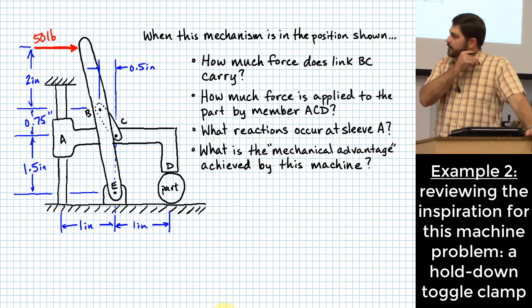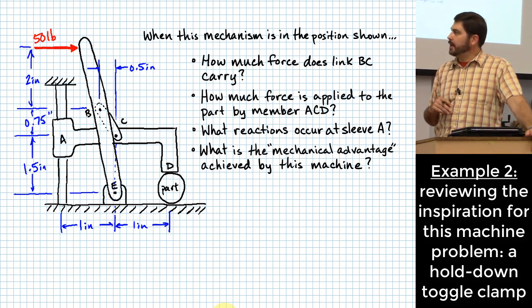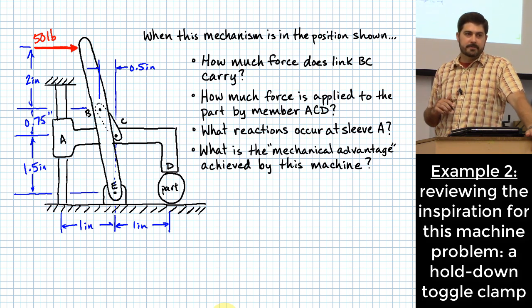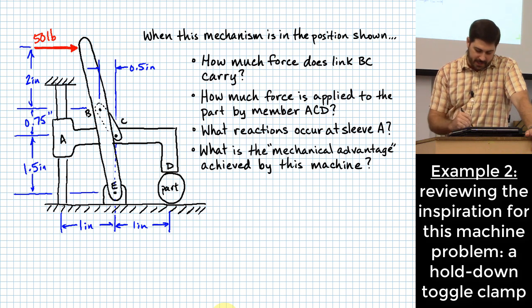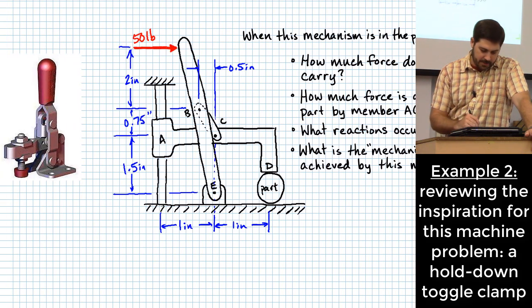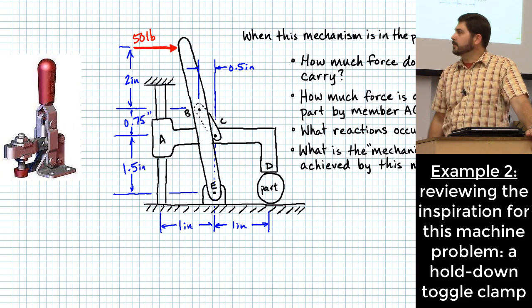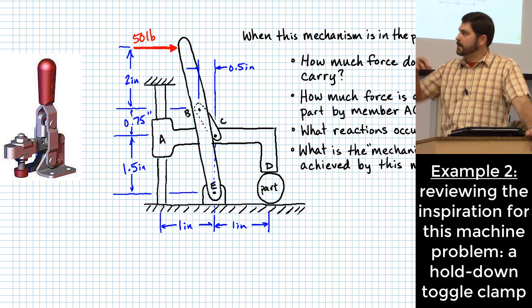But this is actually inspired by a real thing called a hold-down toggle clamp. If you want to see what that kind of looks like, I have a little picture right here. You can put these in various kinds of manufacturing processes to hold something down.